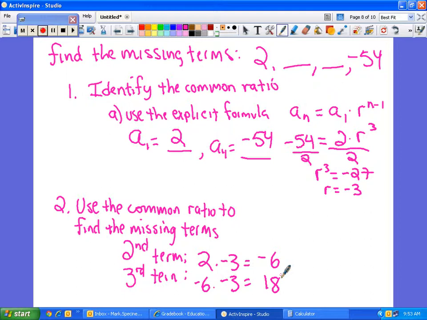Don't get thrown off by the fact that one of your answers is negative and one of your answers is positive. If you look at the sequence, what do you notice about the terms? One of them is positive, the other one is negative. That tells you, or should tell you, that your answer is going to jump back and forth between negative and positive. Because really the only way to get a negative number as an answer is if one of the numbers you're multiplying by is a negative number.